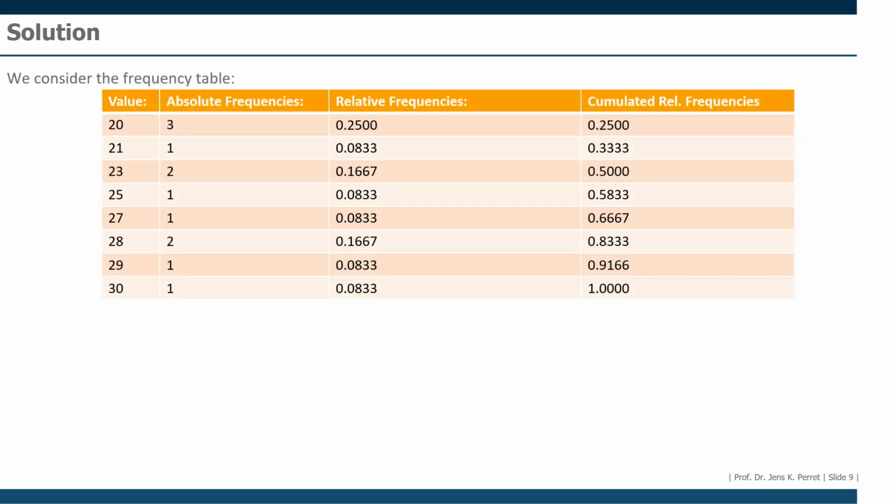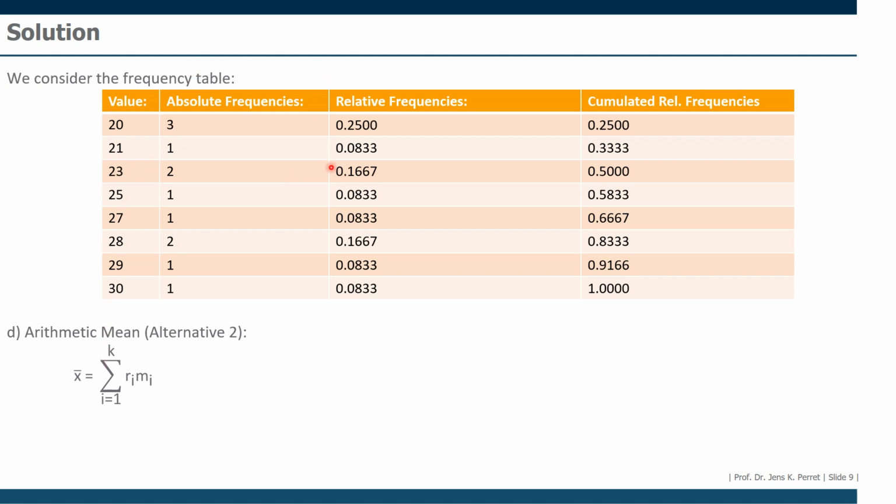So I'm using the same frequency table, but now I'm going to use this formula. What does this entail? Now I'm not using the absolute frequencies, but I'm always multiplying relative frequencies, that's the Ri, with the value here. So I'm getting this value times that one, plus this one times that one, plus this one times that one.